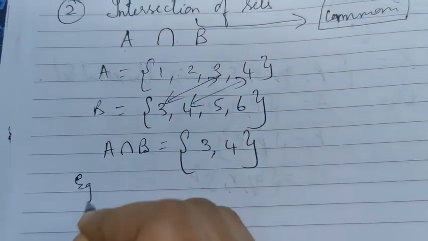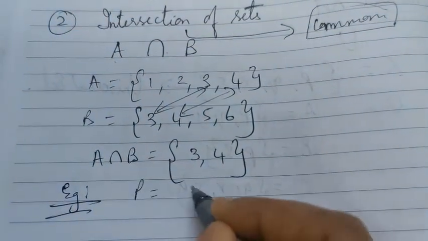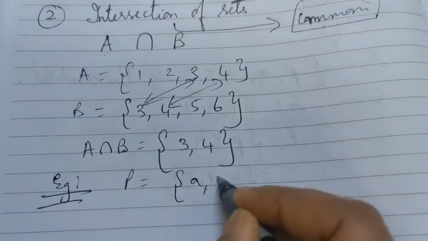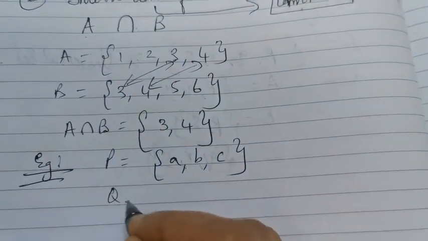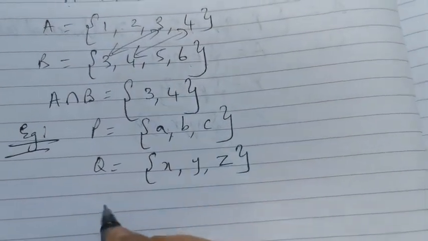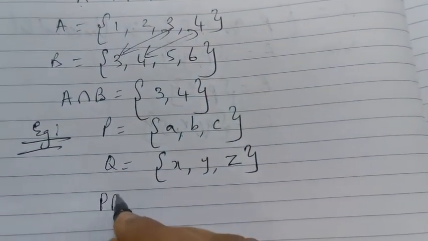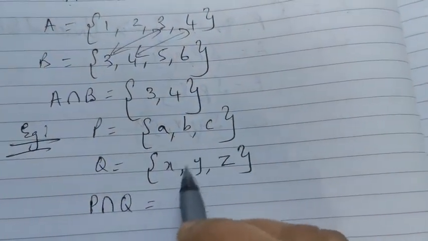Now let me take another example for intersection. I have a set P where my elements are A, B and C. And I have a set Q where my elements are X, Y, Z. Now if I do P intersection Q, I do not have any element in common.